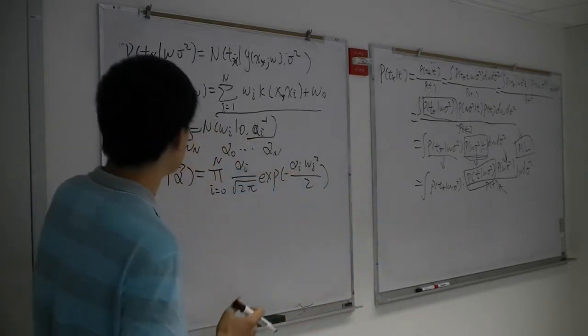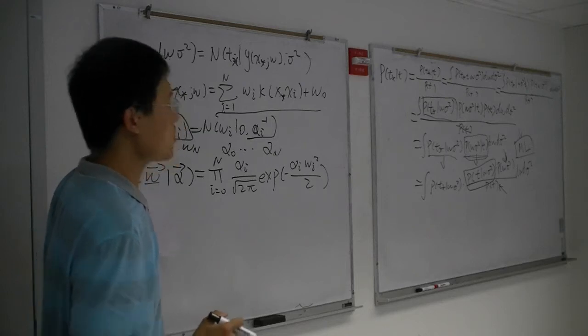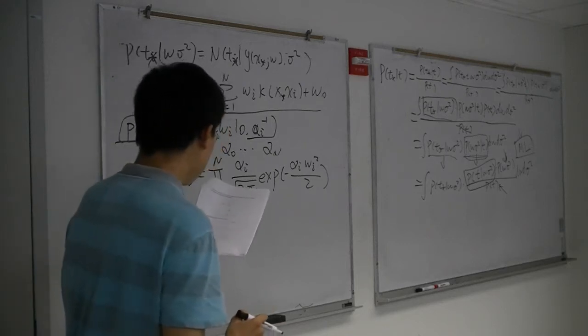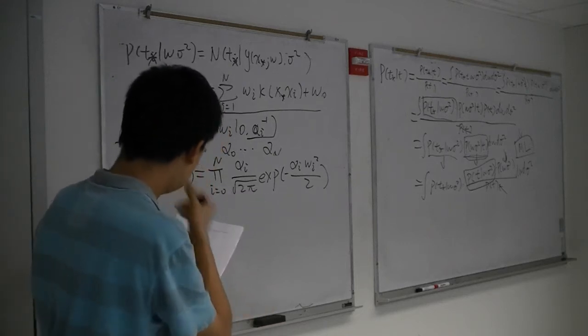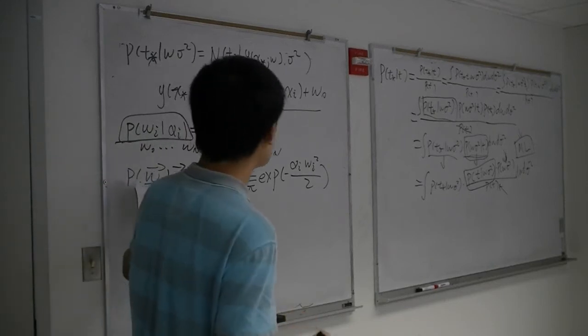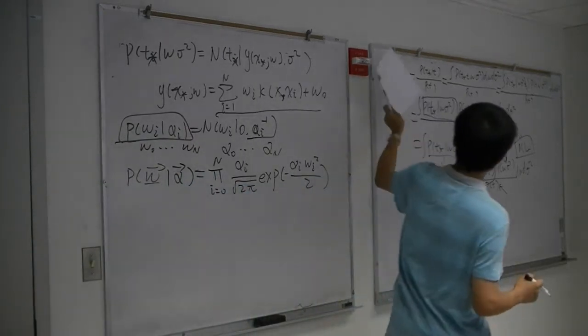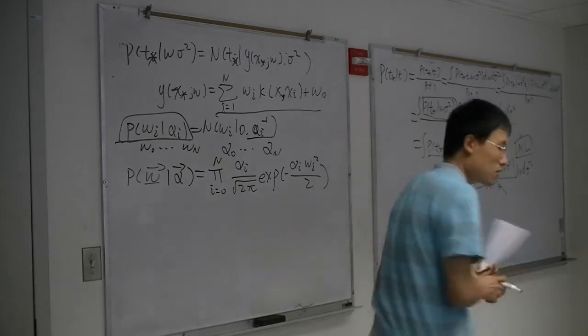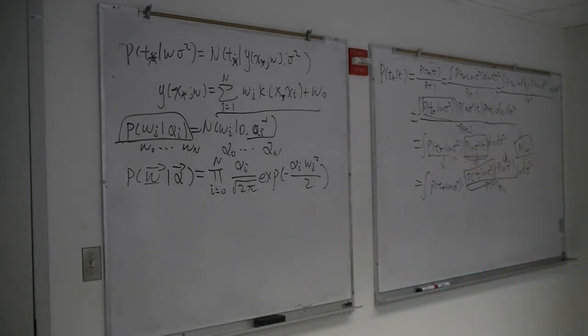So here is the prior distribution of omega. And if we take this prior information into this function, we can rewrite the probabilistic prediction formula as this.